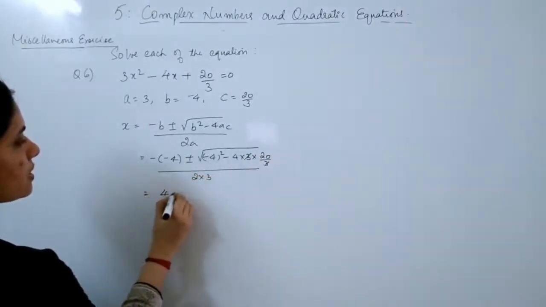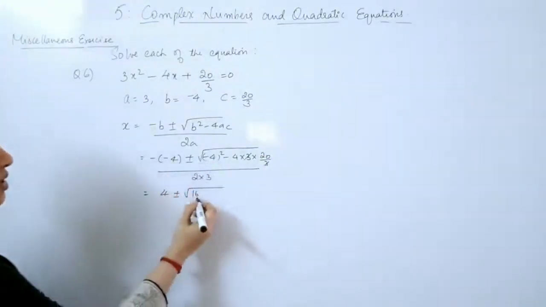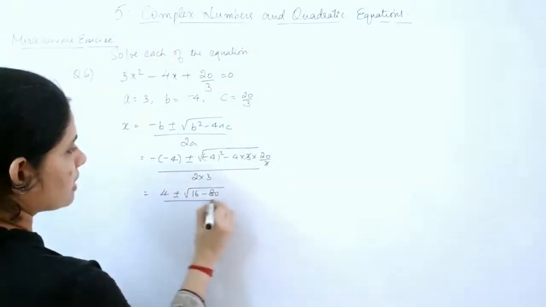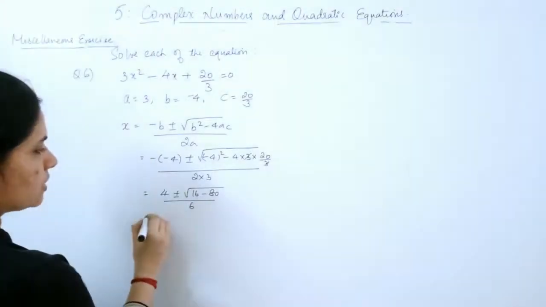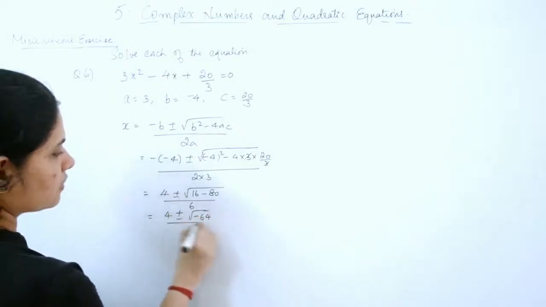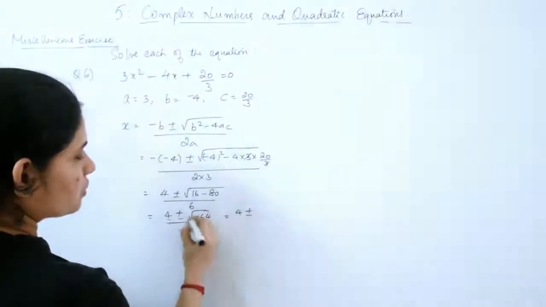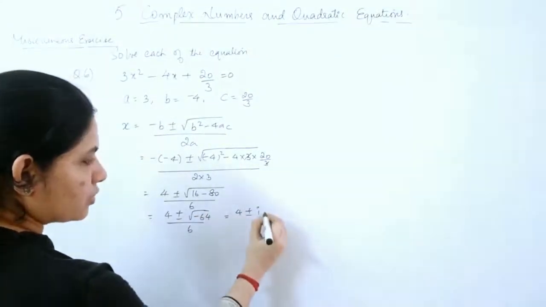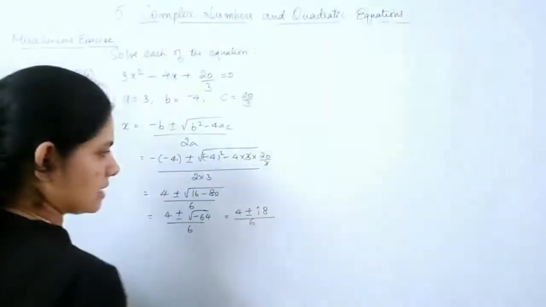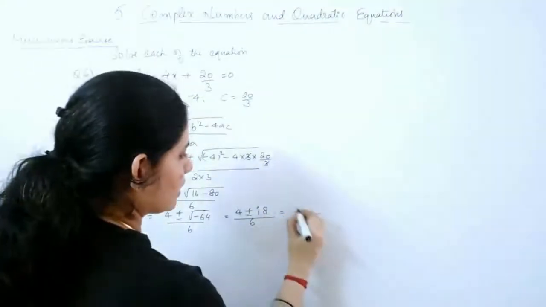So this will give you plus 4 plus or minus root of 4 square, negative will go whole square, so it is 16, minus here you will have 80 divided by 6, which is equal to 4 plus or minus root of minus 64 divided by 6, that is 4 plus or minus negative root of negative 1 will give you i, root of 64 you will take only positive thing 8, so it is i8 divided by 6, so that common thing which is 2 will be getting cancelled, denominator will become 3, so it will become 2 plus or minus i4.